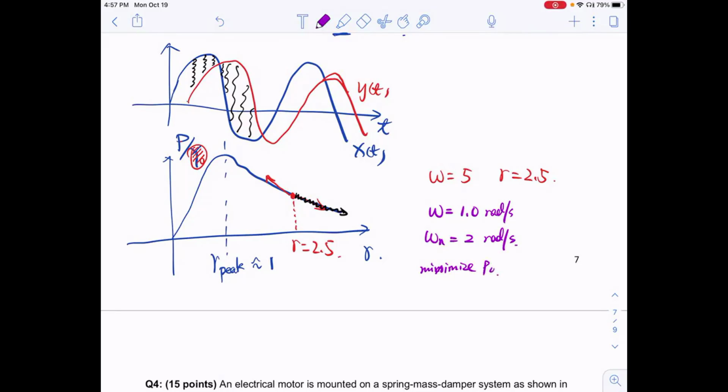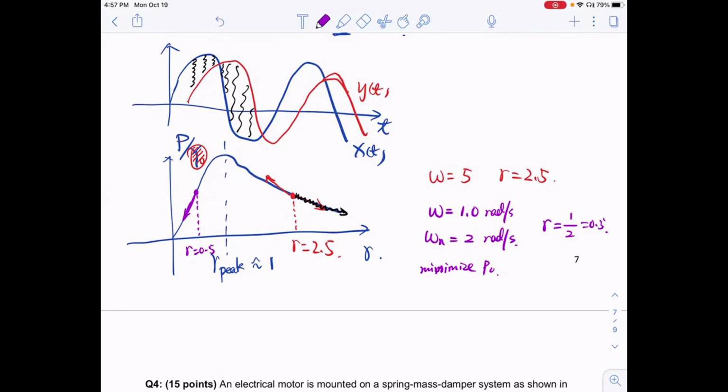So in that case, you want to reduce the frequency. That's because your R in that case is 0.5. So that means your operating point is to the left-hand side of your resonance. To further reduce the magnitude, you have to go to low frequency. So it all depends on where the operating point is.